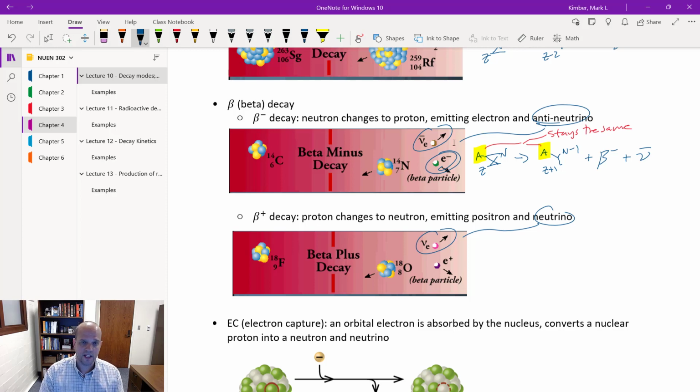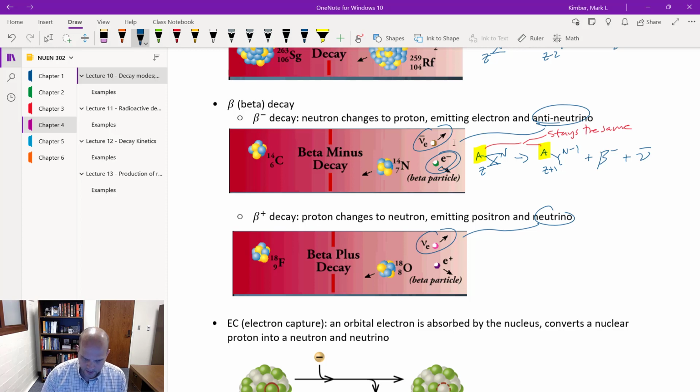We measure the kinetic energy of the daughter, we measure the kinetic energy of the beta particle, this electron, and those two were different for every experiment. There was a distribution to that. And the only way that makes sense from a momentum conservation standpoint is that there was this third particle in there somewhere. And the actual measurements of that came decades later, but anytime you have a beta decay, positive or negative, you've got either an antineutrino or a neutrino that's emitted there.